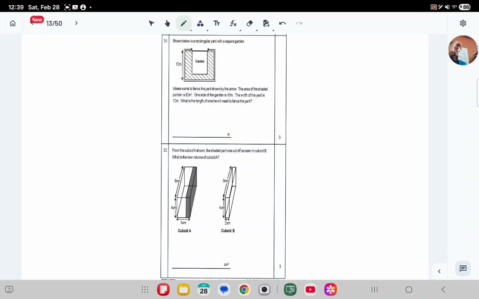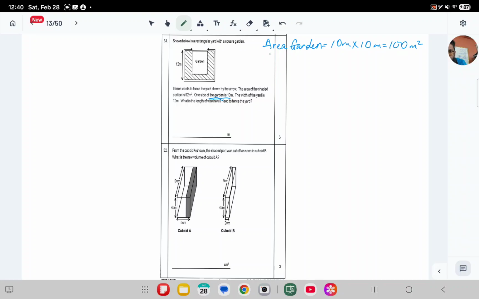So first we need to calculate the area of the entire yard. And to find this, we need to calculate the area of the garden. We know it is a square garden and one side is 10 meters. So it would be side by side, which is 10 meters by 10 meters, which is equal to 100 meters squared.